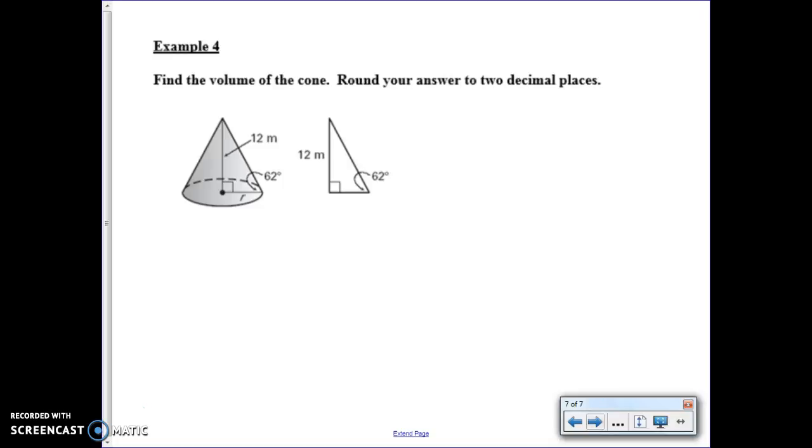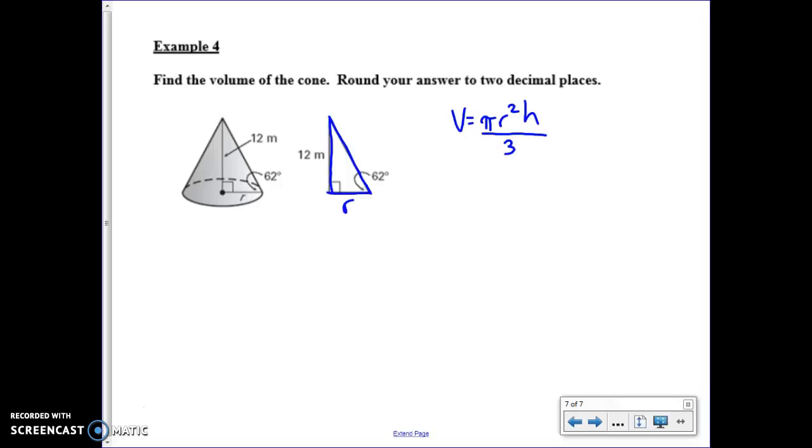Okay, one last one. Find the volume of this cone. Round your answer to 2 decimal places. Okay, so we're going to use V equals pi r squared h over 3. So what I notice is we have the height, but I don't see our radius. I do see a degree measure there though. So looking at this triangle, if I want to find this radius r, I'm going to need to use some trig.